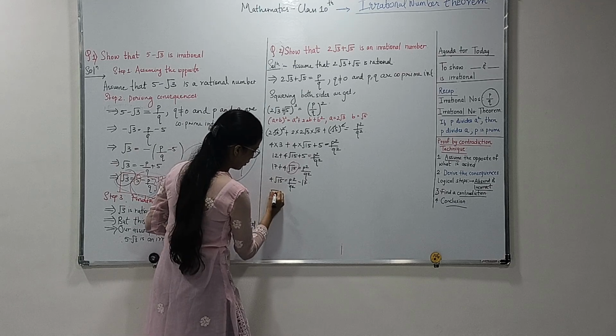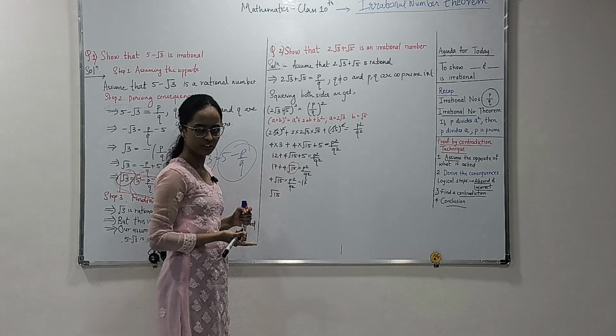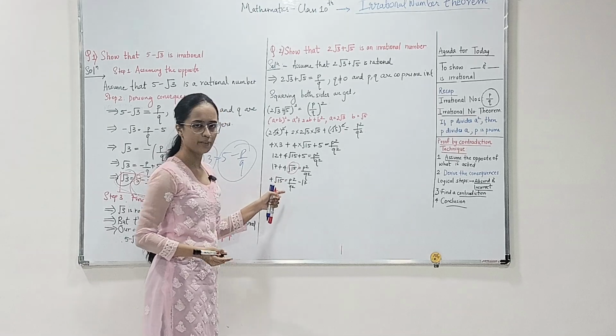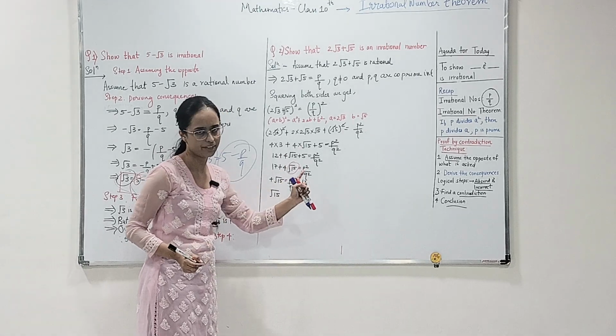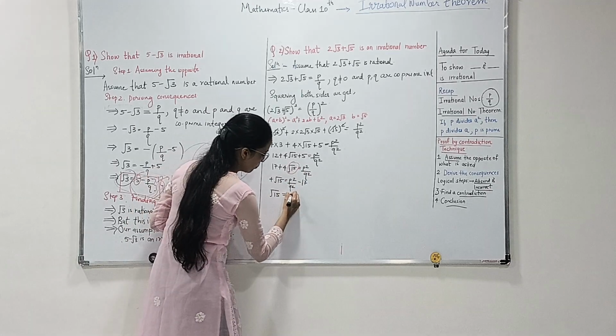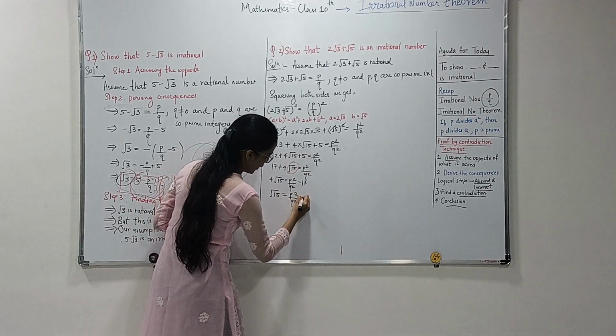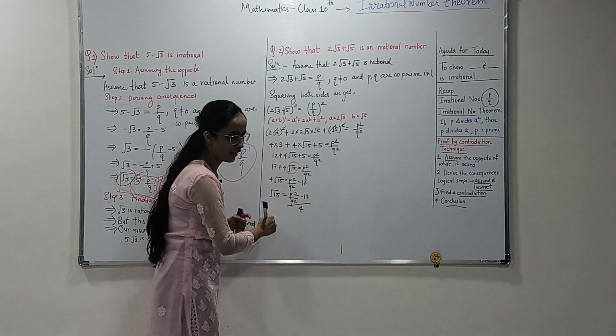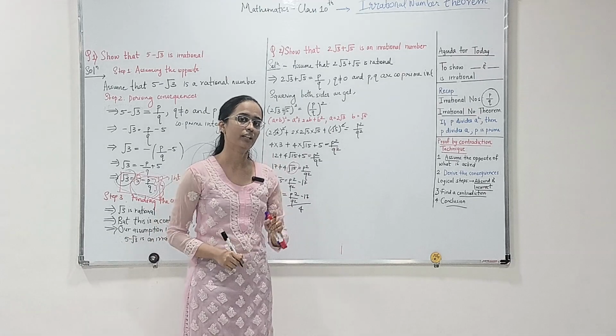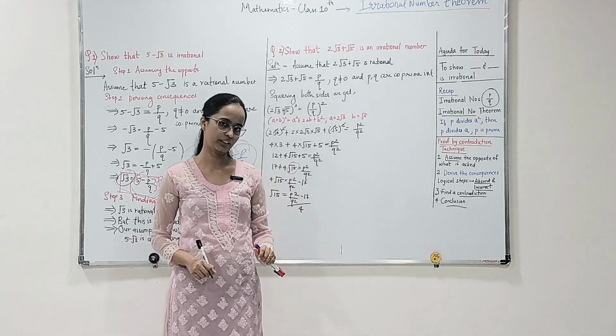So that is root 15. Now I would be sending 4 on the other side. 4 over here is multiplied with root 15. Where it goes on the other side, it would be divided by this entire term. So I will get p square upon q square minus 17 the whole divided by 4. Now this is the end of your step number 2 of deriving the consequences.